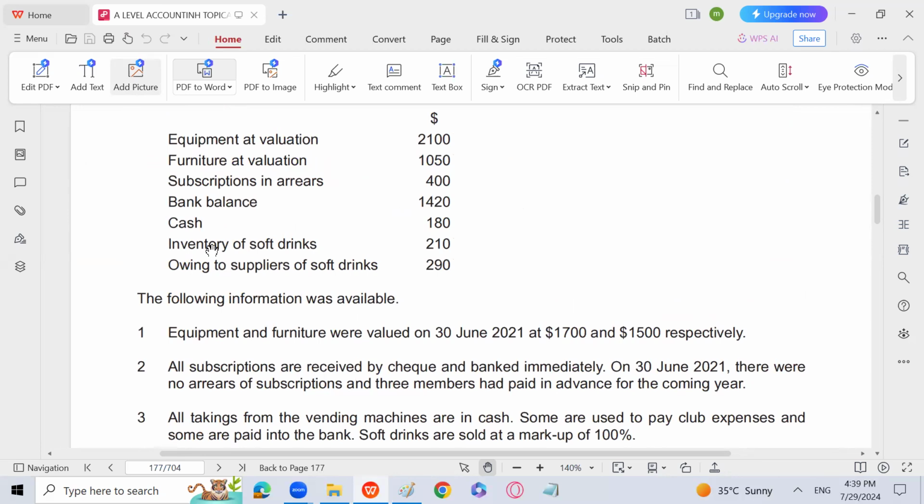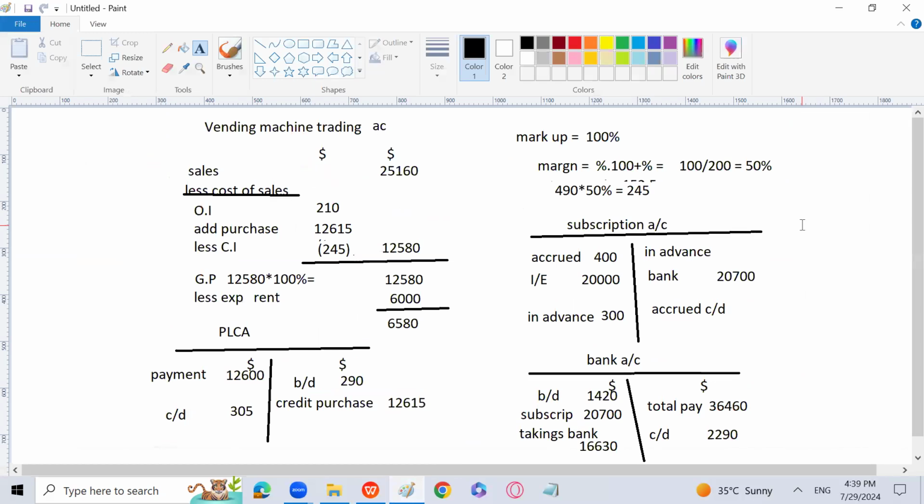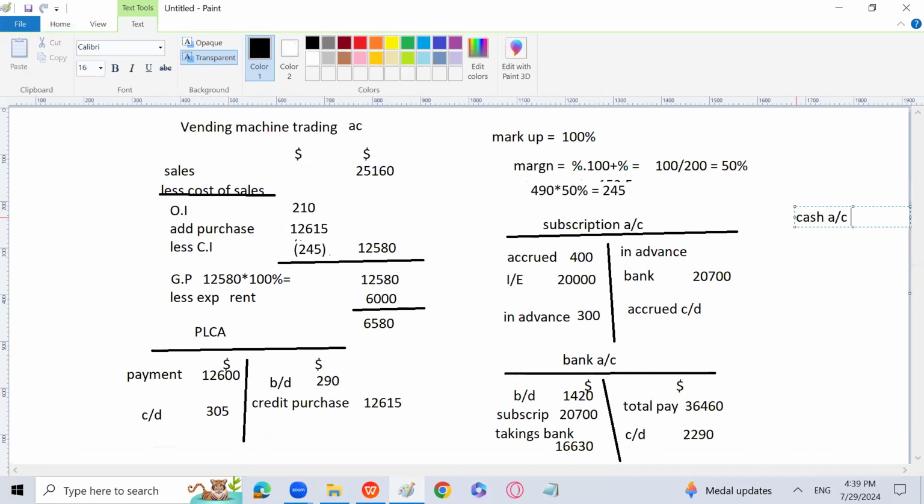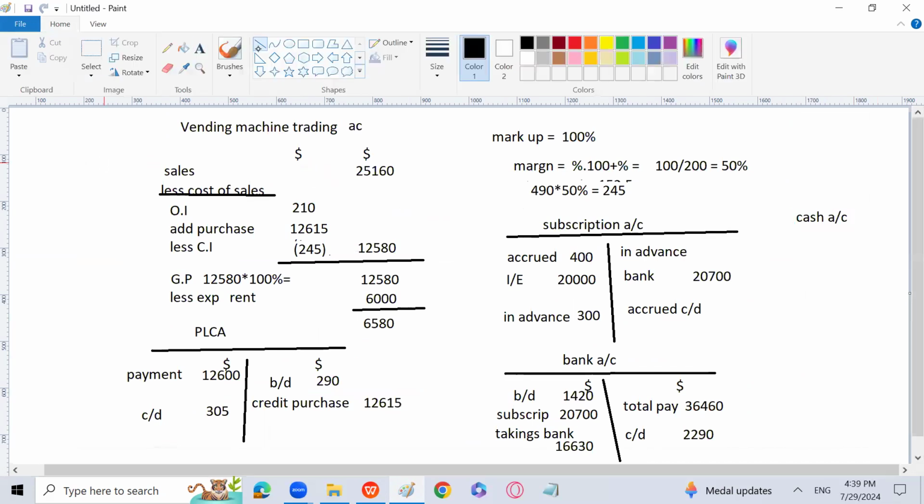So let's do it. Cash is given, 180 brought down. We have to prepare the cash account now to find the club expenses paid in cash. So let me prepare that. Cash account, I will prepare.